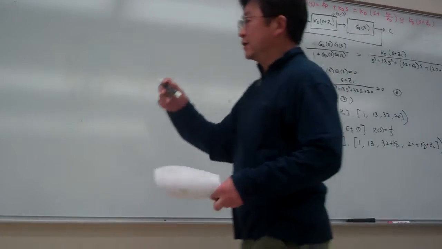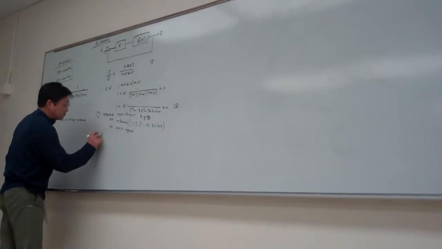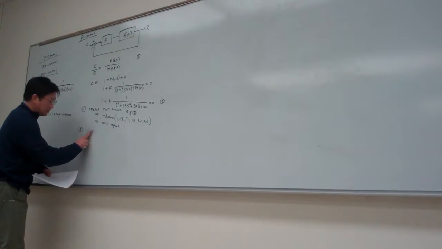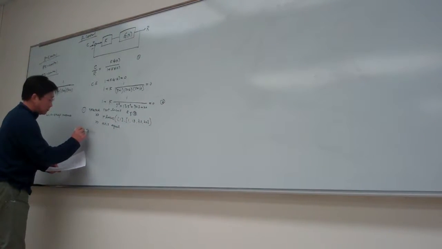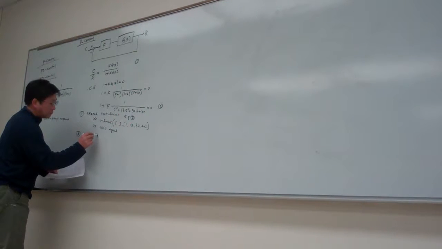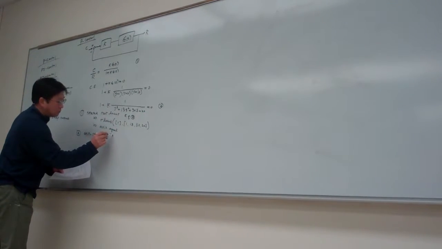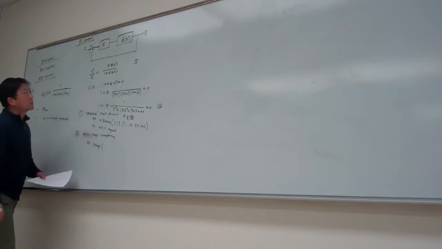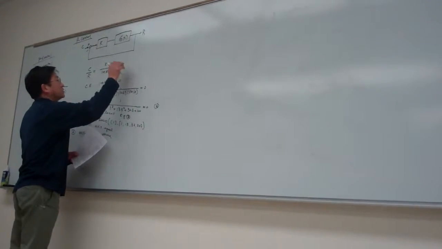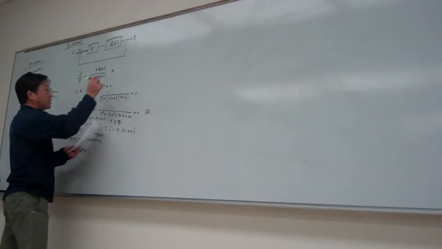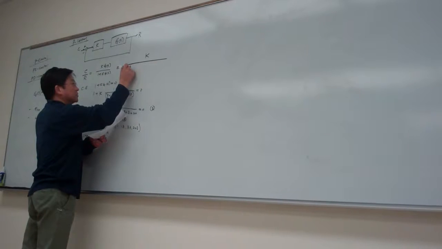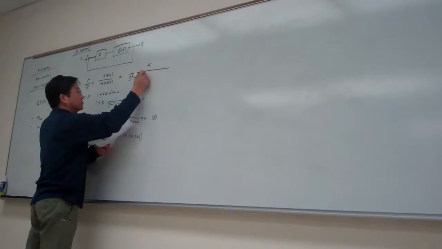And the same thing for this one, we can write it out with step input. So for this one, we can rewrite it and have the detailed expression. This is K over s plus 13.